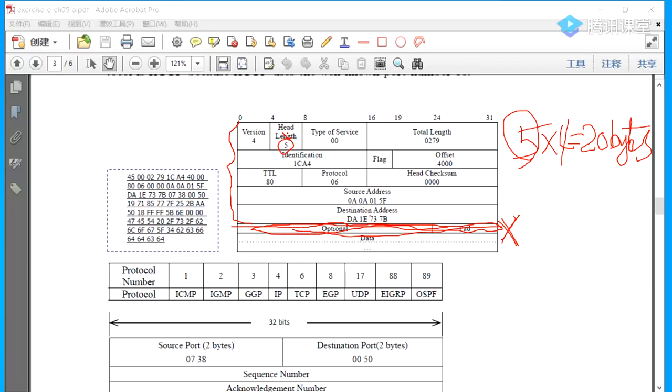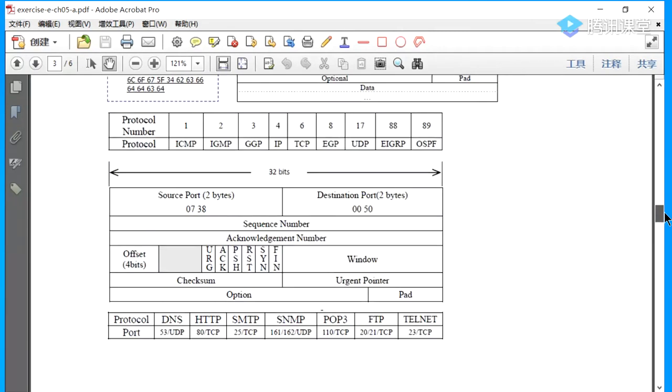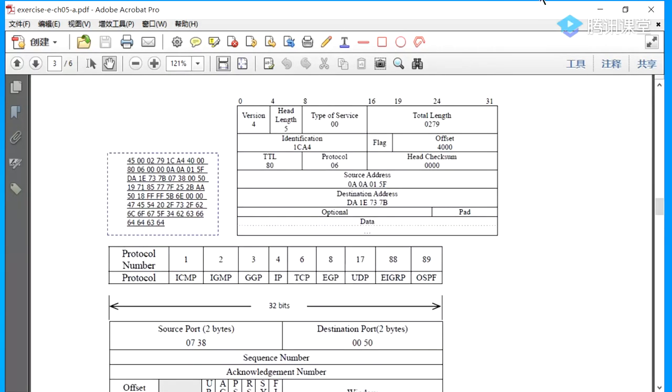Then here we filled DA1E737B. So next we should fill the source port 0738, destination port 0050, right?